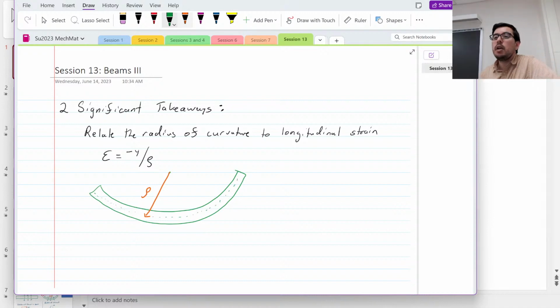Depending on whether you're in CDL or Hibbler or I'm talking, you'll hear terms like neutral axis, longitudinal axis.